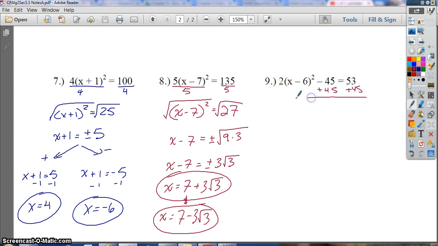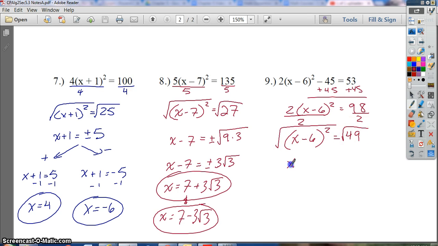First order of business. Let's get rid of that 45. So that's going to be 98. Second order of business. Divided by 2. I'm isolating the x minus 6 right now. Square root. Don't forget the plus or minus, because this will be positive negative 7. So then I have two scenarios.